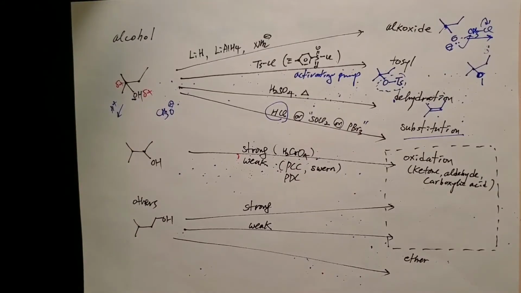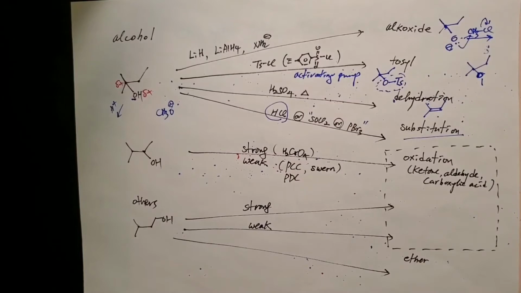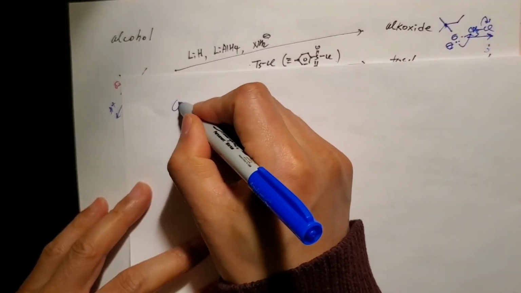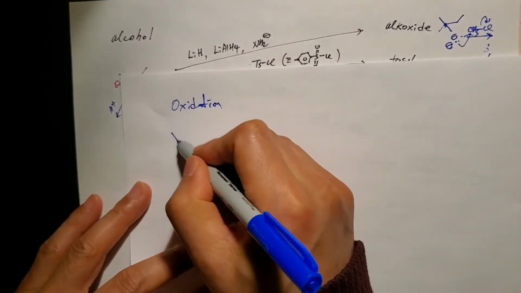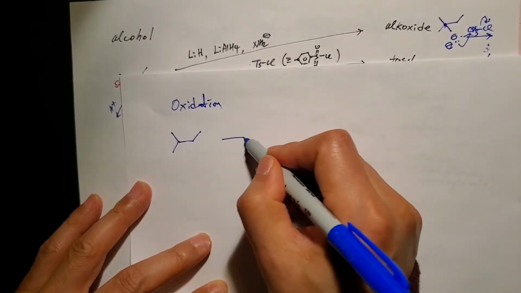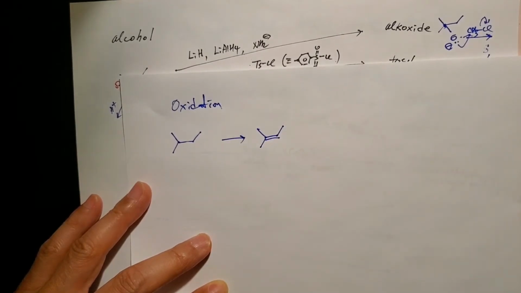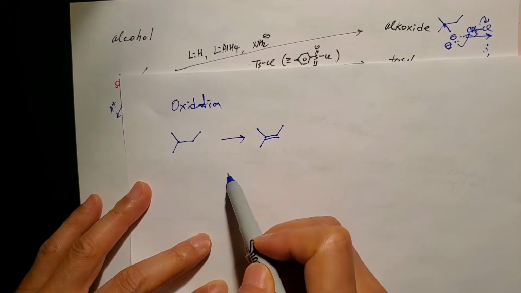All right, next, in this big scheme, we have a little section of oxidation. Let me talk about that. So I hope you can recall that the alkene is formed from the alkane. So you actually go through the bromination and the alcohol, right?